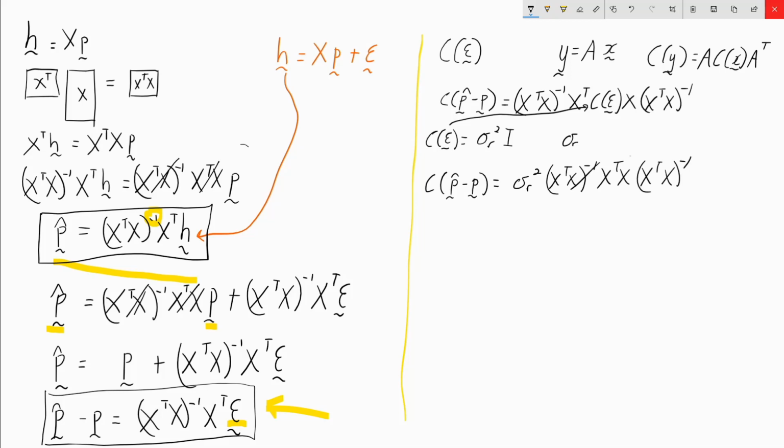That crosses out with that, and I have my equation for the covariance matrix of parameter error.